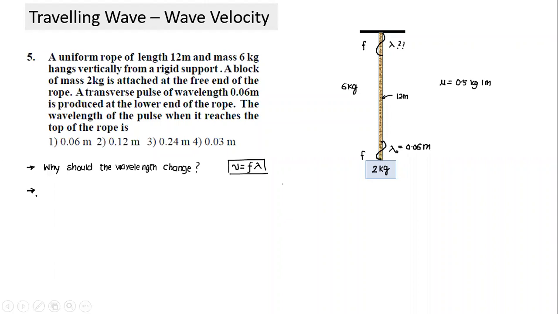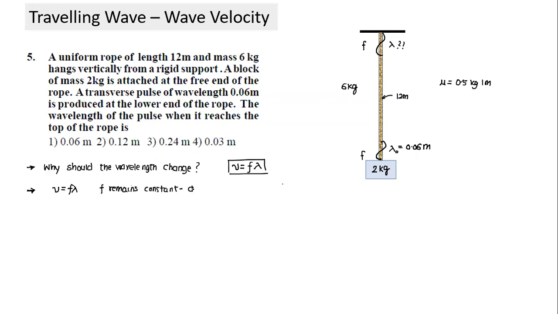The reason for the wavelength change is that velocity of the wave is equal to F lambda, and the frequency F remains constant. It depends on the source. Whatever frequency oscillation we have created, the same frequency will reach here.